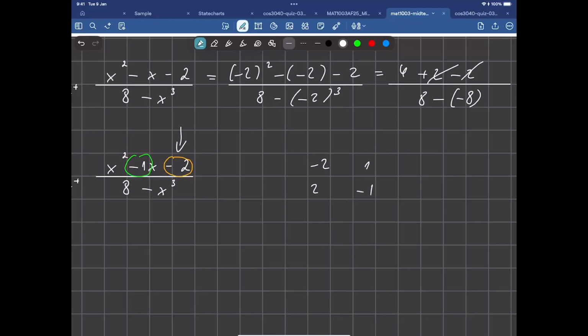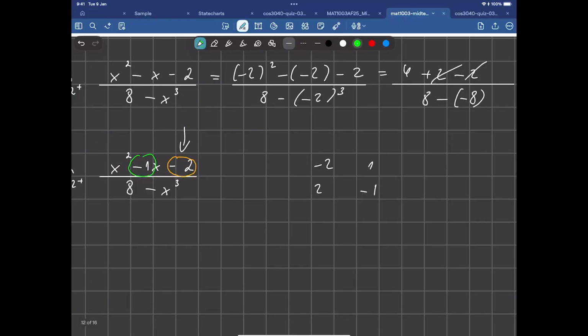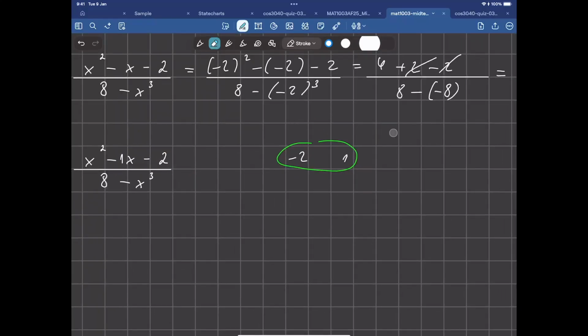I can't think of any other combinations of integers that give us minus 2. Now out of these pairs, we need the one that when summed gives us minus 1. Minus 2 plus 1 is minus 1, which is exactly what we needed. Therefore, that's our pair of values that we're going to plug into the factors formula.